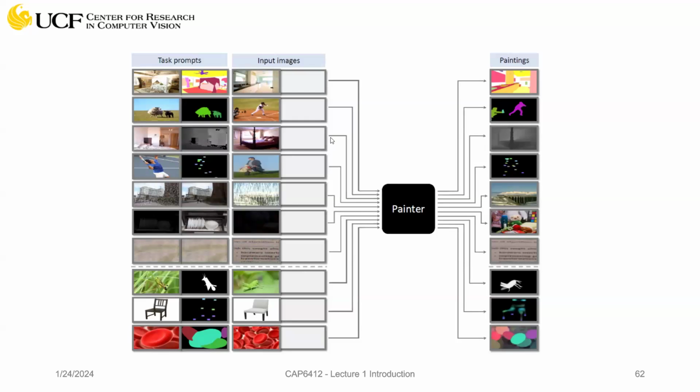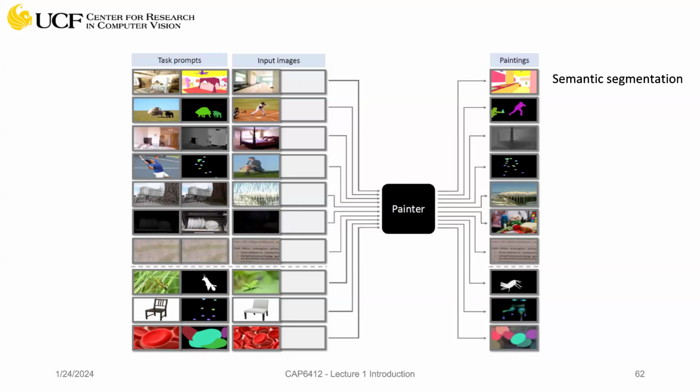Okay, so here we have an image and the corresponding output, and this is the prompt. We know the output for this image. Now we want the painter to take a new image and give us an output.